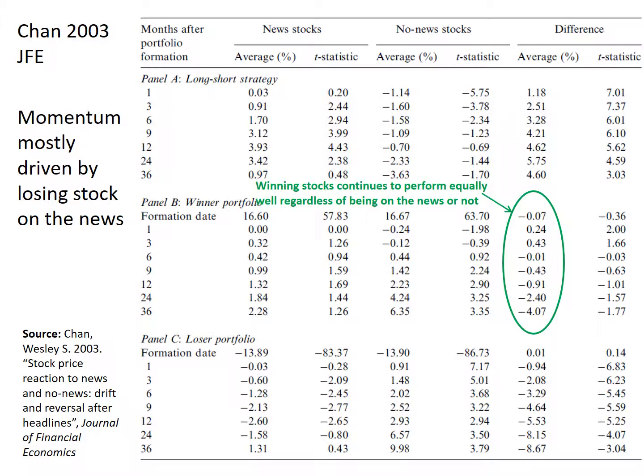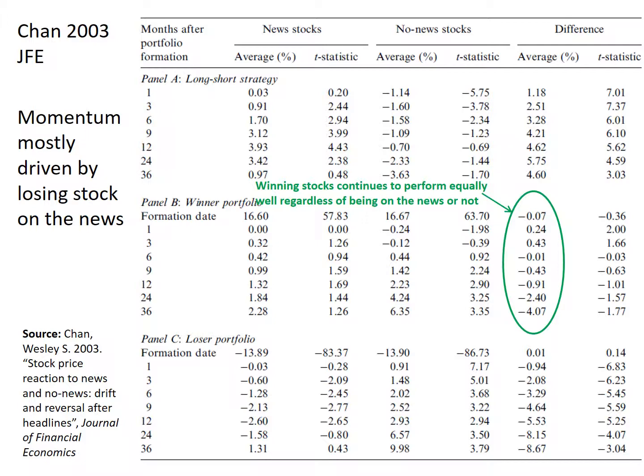That's what this paper is doing. So stocks that have been doing well continue to do well regardless of whether there's news or not. Okay, so you see that the average difference in return between stocks that have news and stocks that have no news is very small.